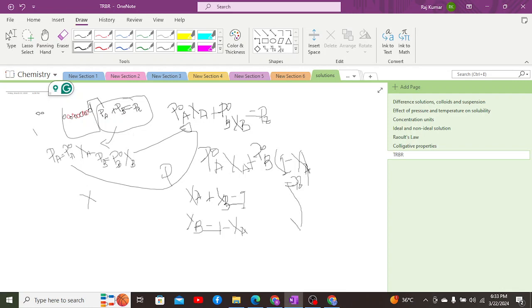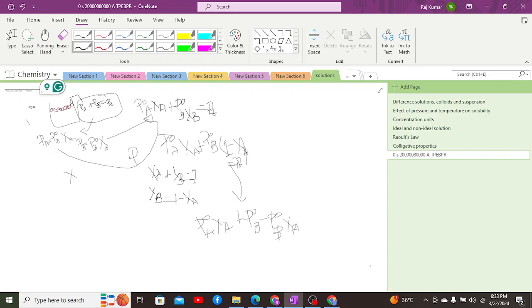After further manipulation, this is equal to P naught A xA plus P naught B into 1, which is P naught B, minus P naught B xA.